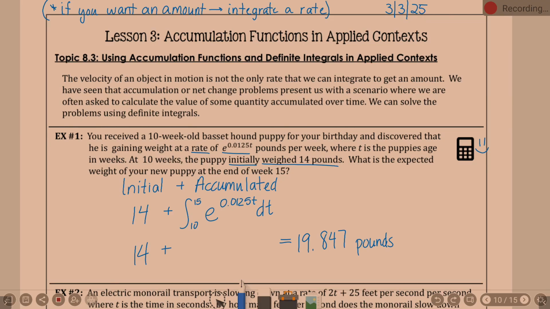Yep. What's the other option you could give? LBS. I agree you could do LBS. That's actually what I have written in my notes, but I don't know why LBS always looks so weird to me. So the integral was 5.0847, whatever the rest of it was. Easy enough? That's the idea of how we can use an integral with accumulation.